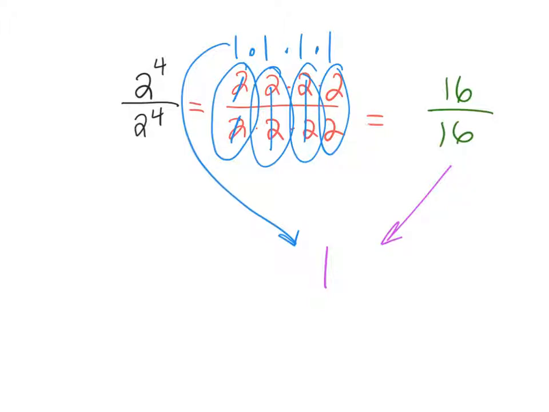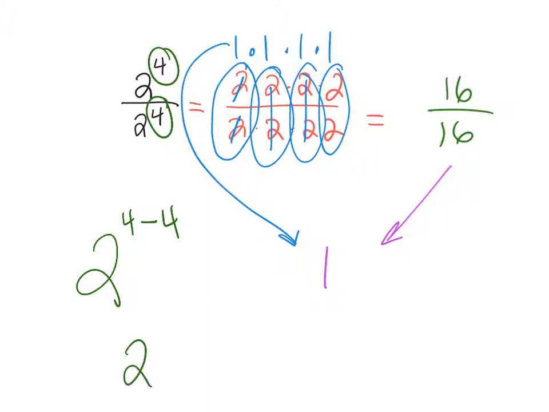Additionally, the mathematicians discovered that because you are allowed to divide away things that are on top with things that are on the bottom, the mathematical rule says that when you're dividing items that have the same exact base, you're allowed to take that 2, because it's the same 2, and go 4 minus 4.